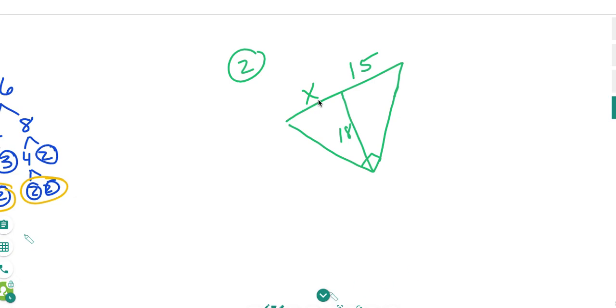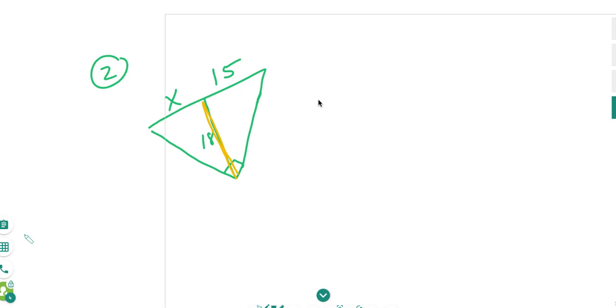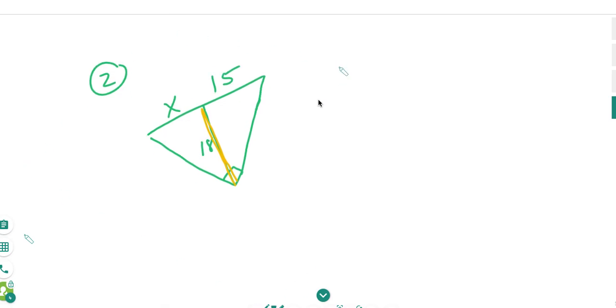Again, the first thing that we're going to do is identify our altitude. And in this case, our altitude is 18. So we're going to go ahead and write our equation. We have 18 squared is equal to the longest part of the hypotenuse, which is 15, times the shortest part of the hypotenuse, which is x.